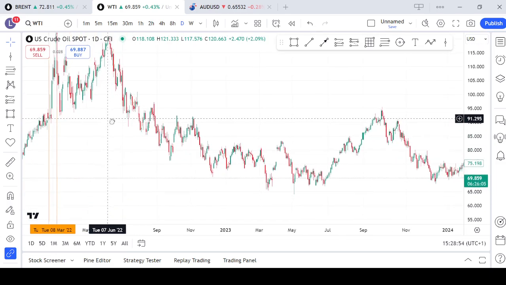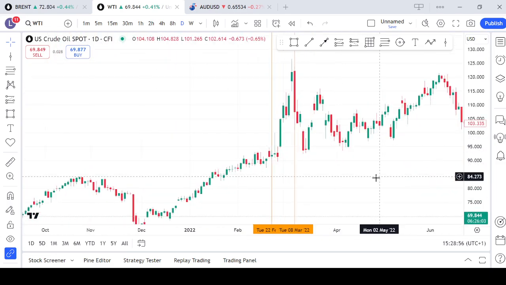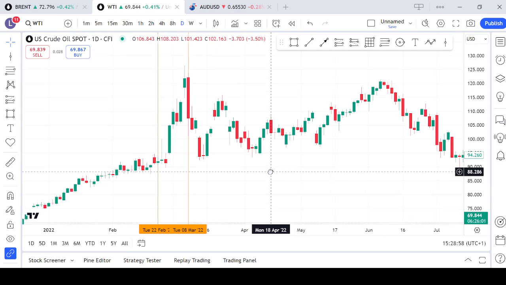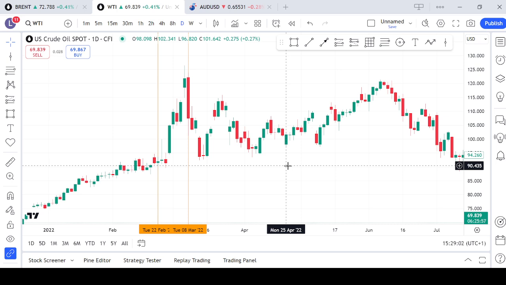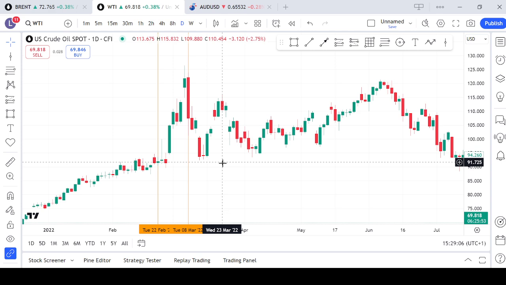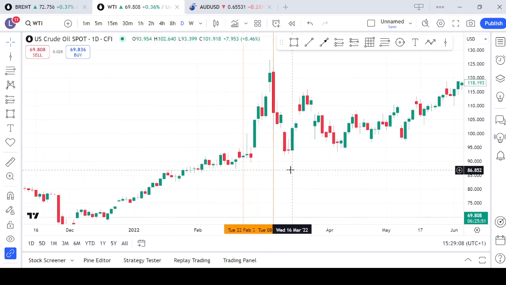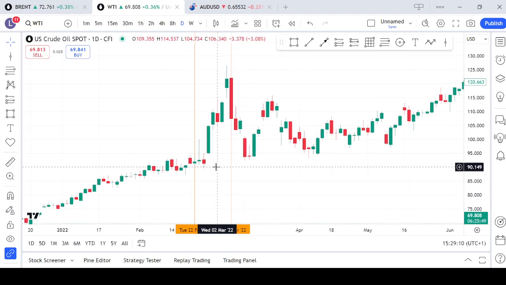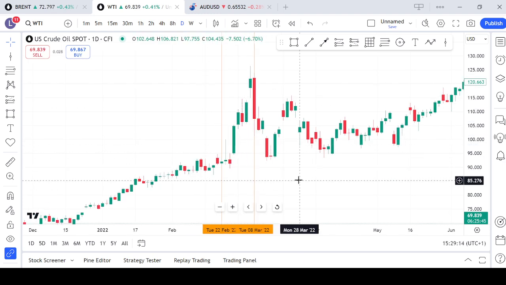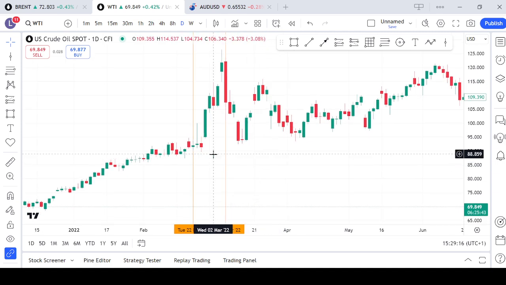That was massive, and it was driven by concerns over potential disruptions to global oil supplies, as Russia is one of the world's largest oil producers. So that was why we had this massive bullish movement right here as a result of Russia invading Ukraine.